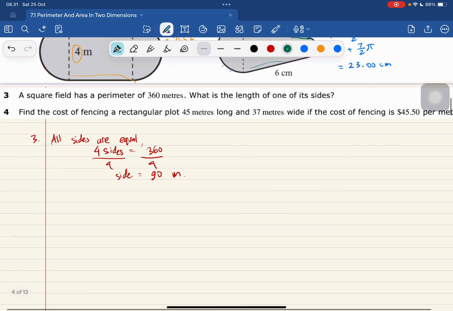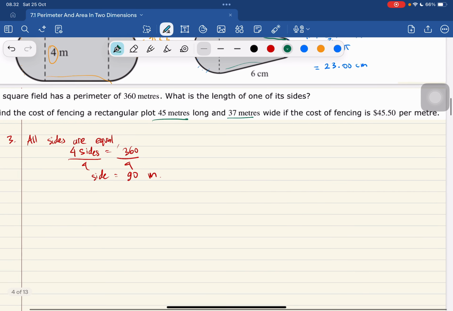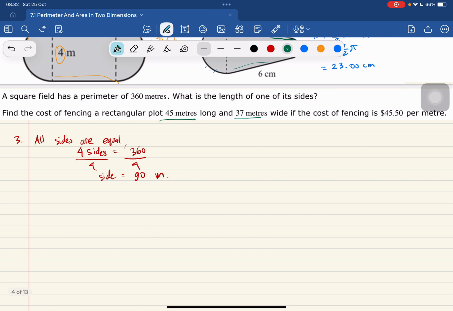Number 4. Find the cost of fencing a rectangular plot 45 meters long and 37 meters wide, if the cost of fencing is per meter. So we need to find the perimeter first for number 4.